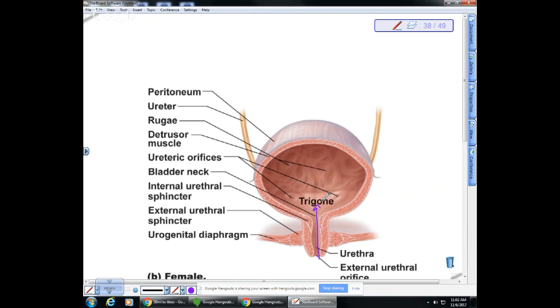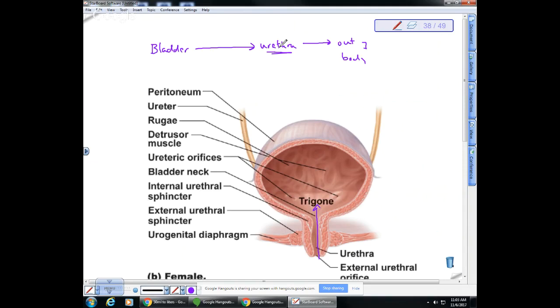Yeah. So notice that the urethra, right, that's the next pathway. So from the bladder, the urine leaves via the urethra, and then out of the body. So don't get urethra and ureters mixed up.